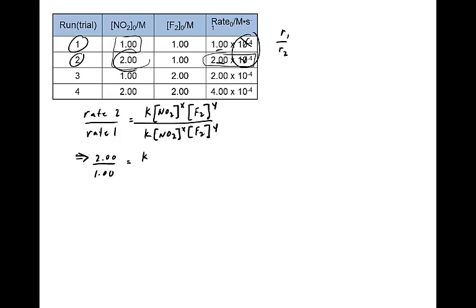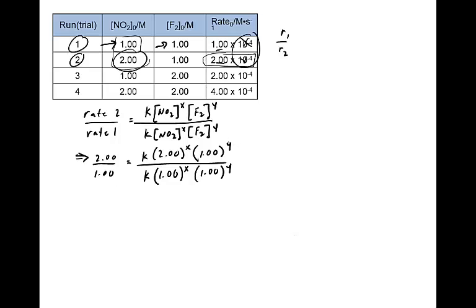And then it's important to plug these in accurately. So we're doing 2 over 1. So this will be 2.00 to the x over 1.00 to the y. Okay. And then from trial 1, we get these numbers, 1.00 to the x, and this number goes here, 1.00 to the y.